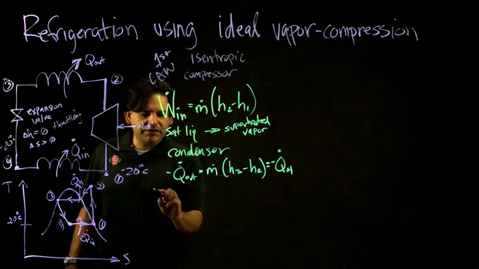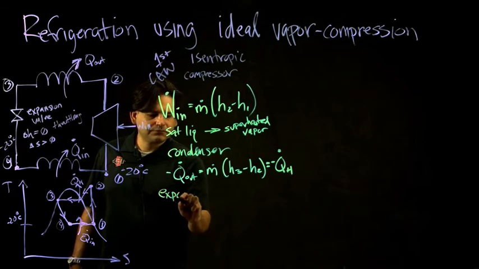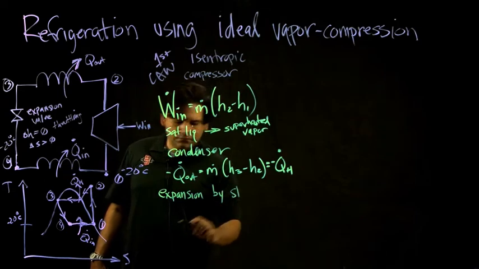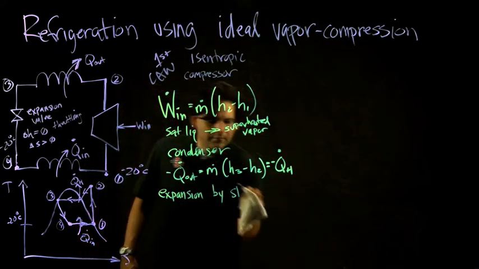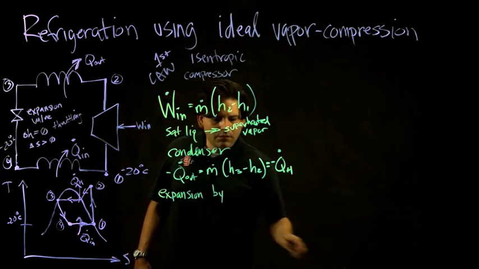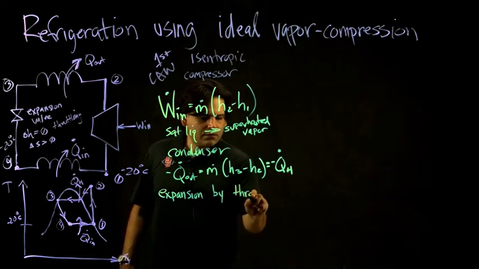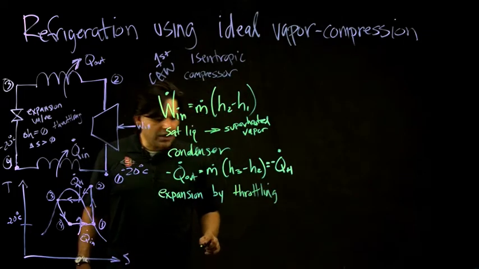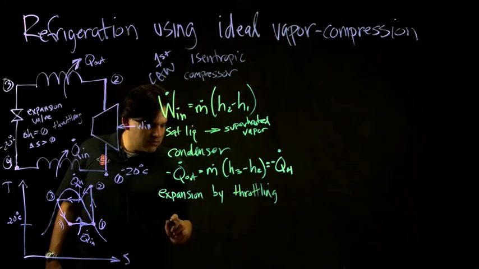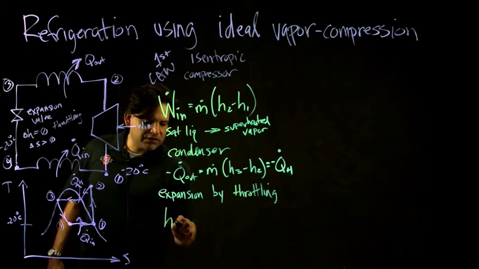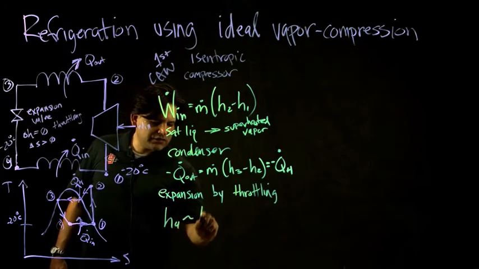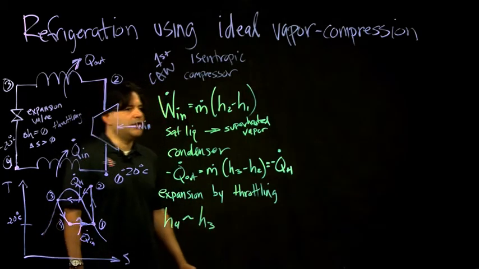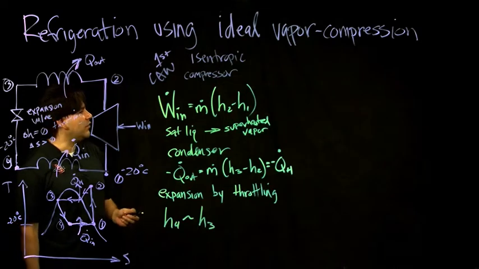And then the expansion by throttling. The thing about this is that if you apply the first law, you would say that there's no heat transfer, there's no work transfer, so that leaves that H3 equals H4 on first estimate in this class. We're just going to say that there's no enthalpy change.